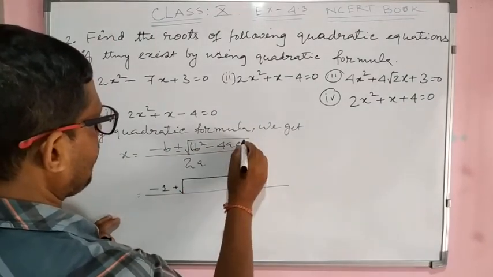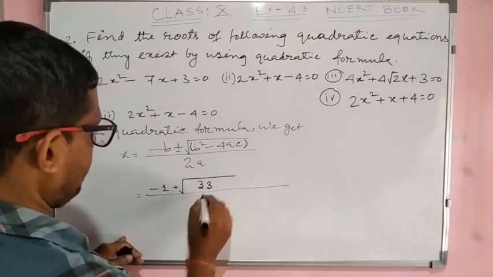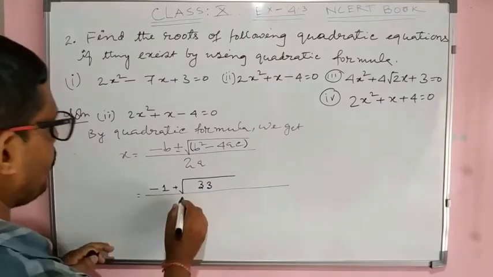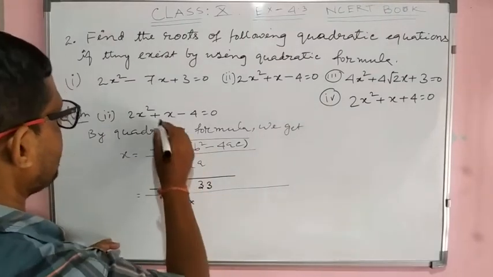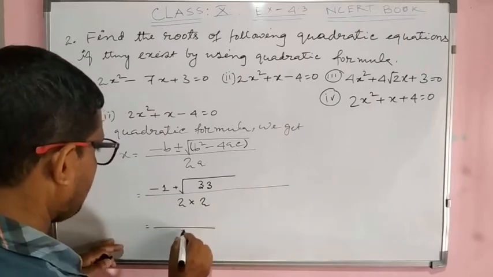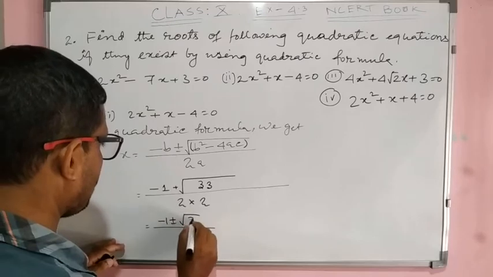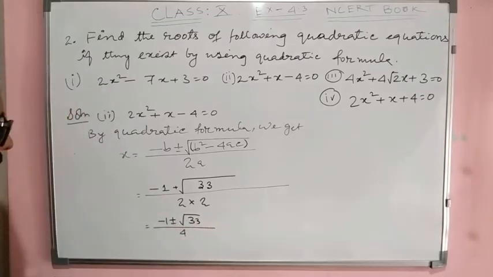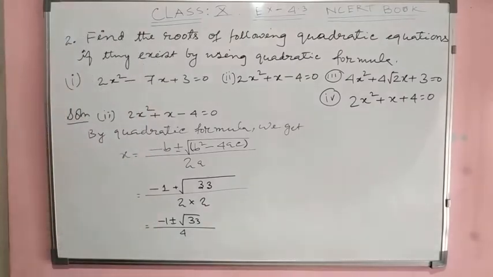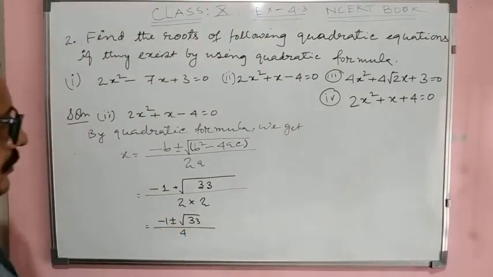And we already calculated the value under the root, it was root 33. 2a, a is 2, so the denominator is 4. So x equal to minus 1 plus minus root 33 by 4.